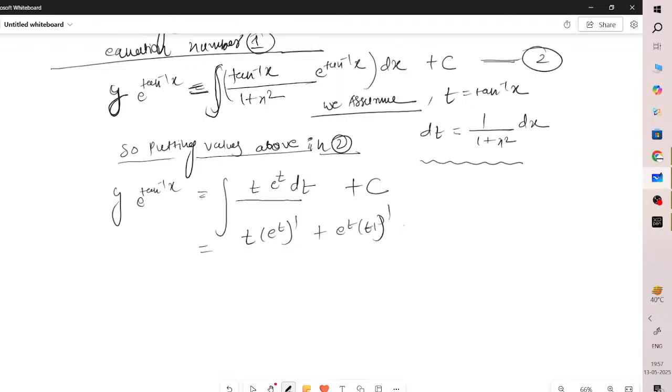So we get the value t e to the t minus e to the t plus c.